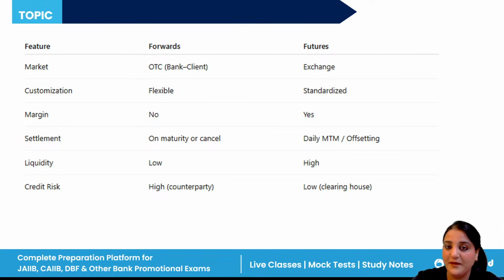Forwards are flexible, whereas futures are standardized. In forward, there is no margin, but in future there is a margin. On forward, settlement happens on maturity or when you cancel the contract. But in future there is daily mark to market value, and there is daily offsetting. Liquidity is basically low in the forward case, and in the future case liquidity is generally high.